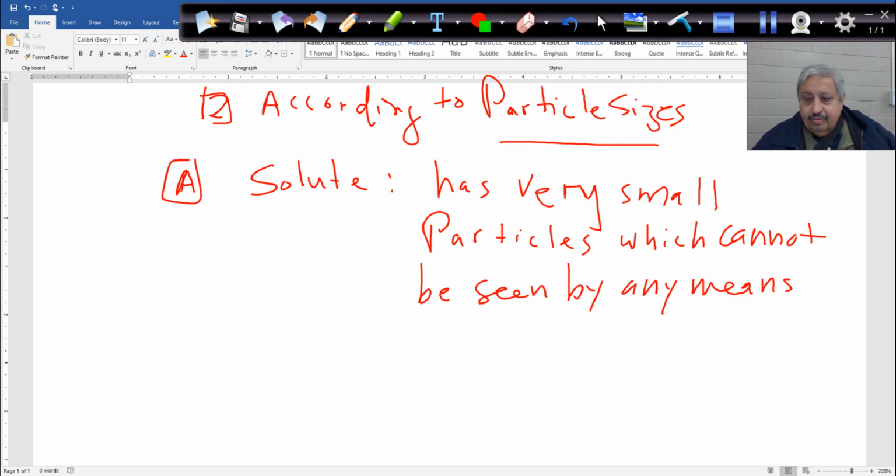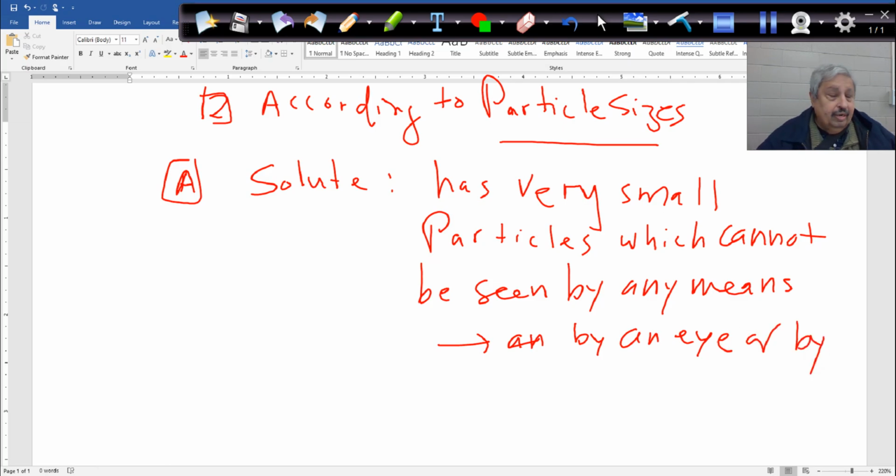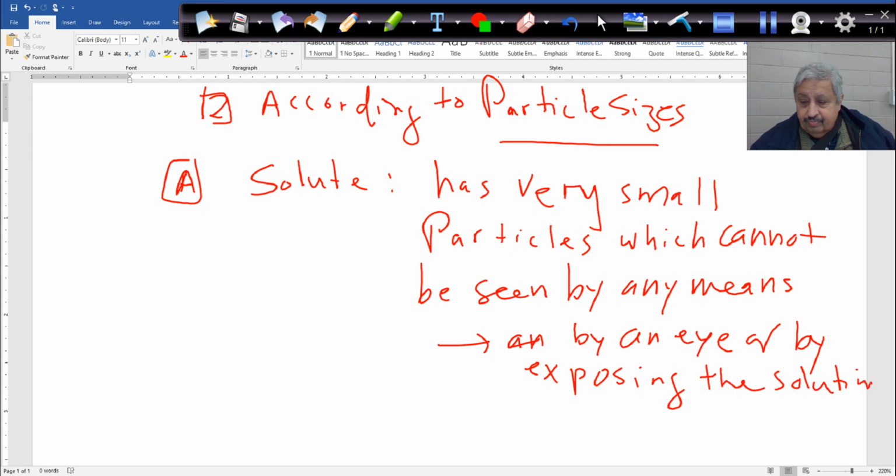Okay, so it means by an eye, or by exposing the solution to the light.